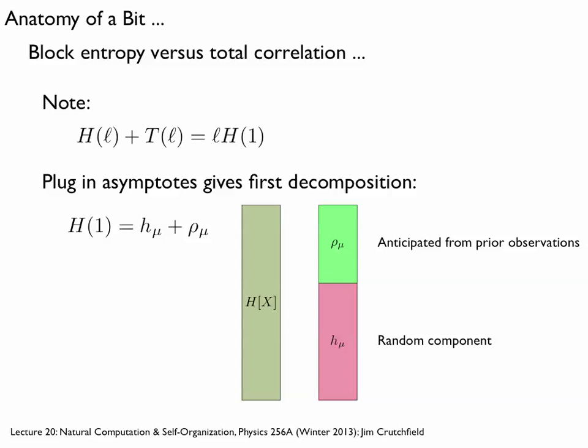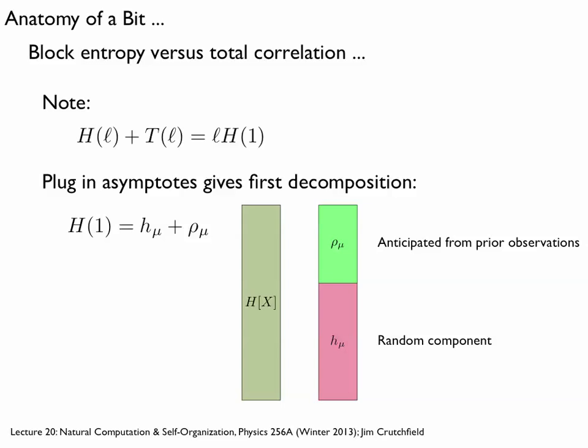So sum these things up, and their sum is L, the length, times the single symbol entropy. If you plug in those asymptotes, this is E plus h mu L, this is minus E plus rho mu L. The E's cancel out, and we just end up with this, when we divide through by L.